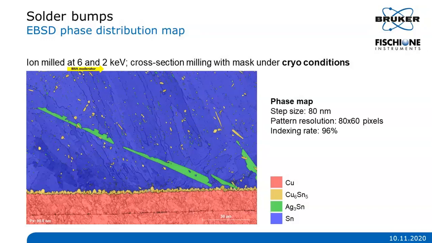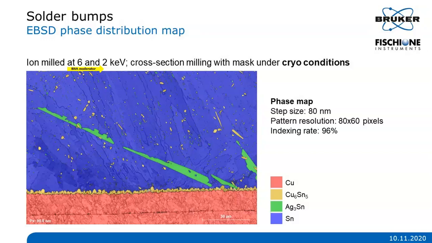There is a nice question about why argon is chosen over gallium. Argon damages the material less, and we don't have the implantation or amorphization layer when using argon. If we use gallium, you get an implantation layer of gallium and amorphization on top of the surface. Using argon, we don't have that effect.